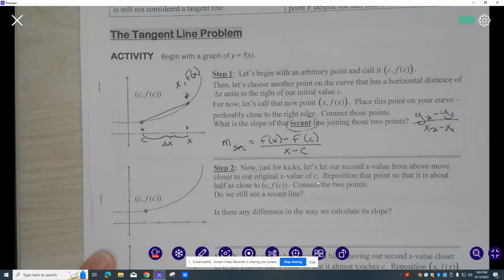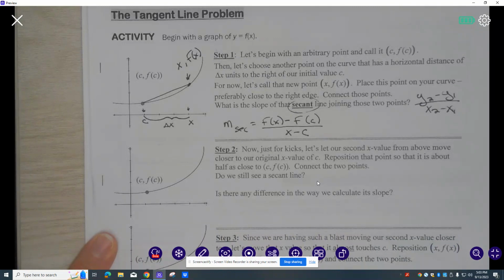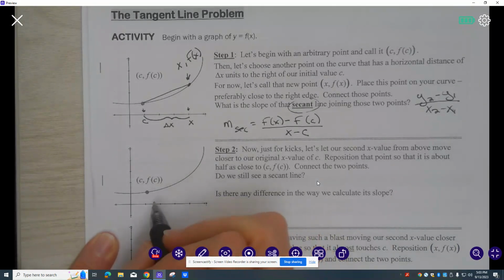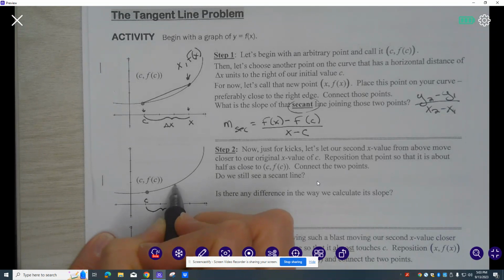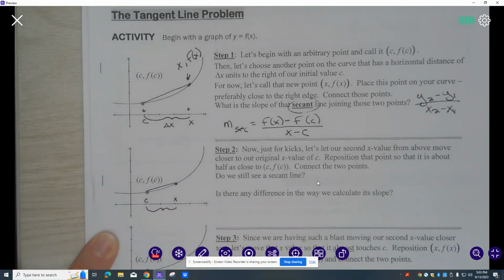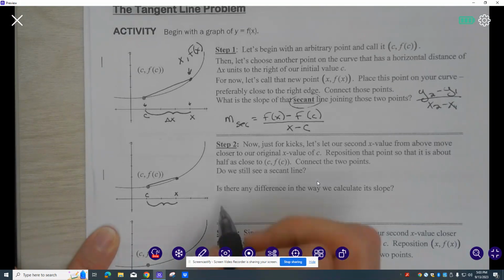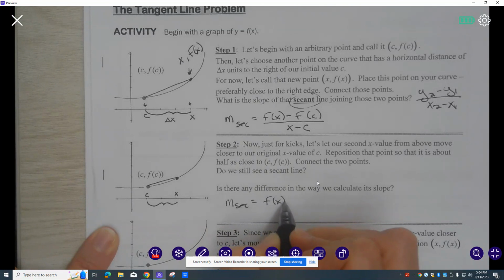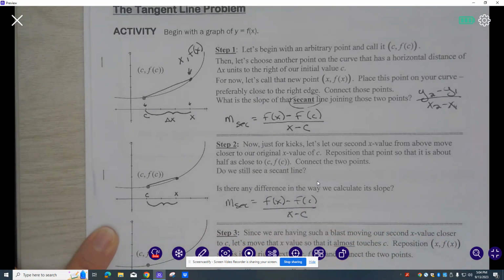All right, we're going to do the same thing, just for kicks, like the note says, but we're going to choose a smaller delta x. So I'm going to say this is my x, this is my c. If I go up, there's my tangent line. The slope will be exactly the same. F of x minus f of c all over x minus c.